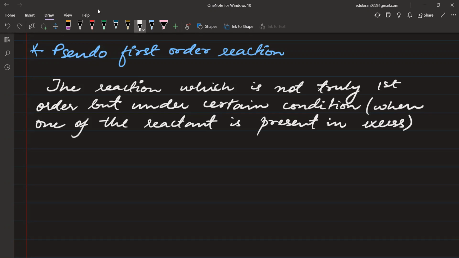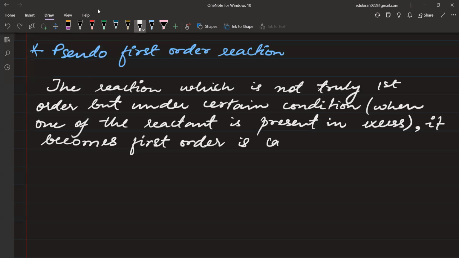The reaction which is not truly first order, but under certain condition becomes first order, is called pseudo first order reaction.